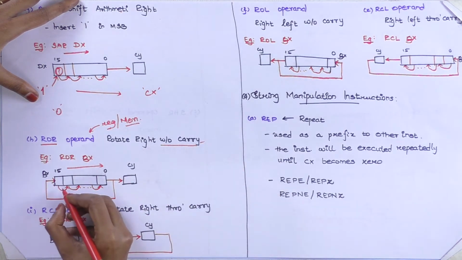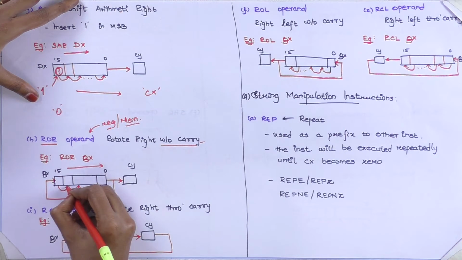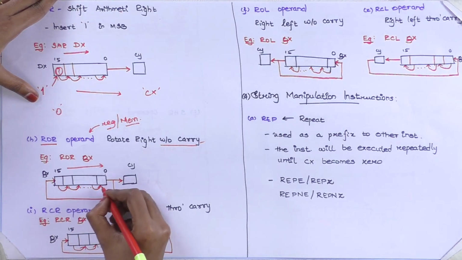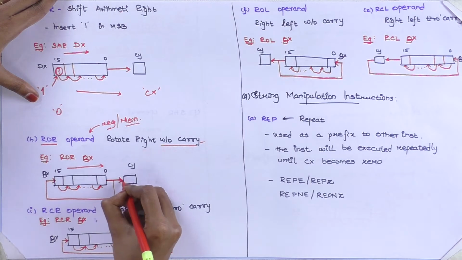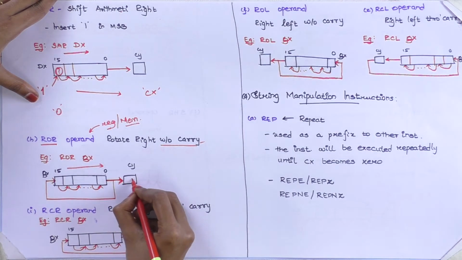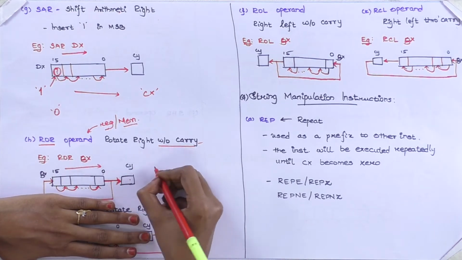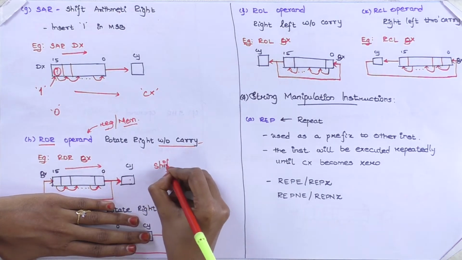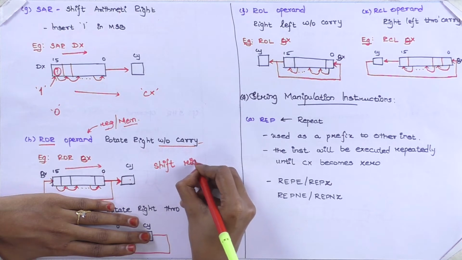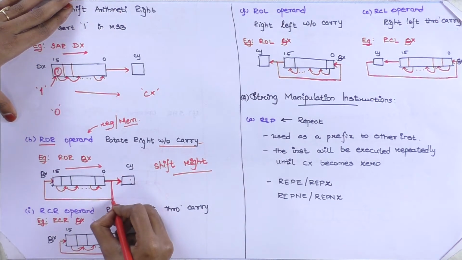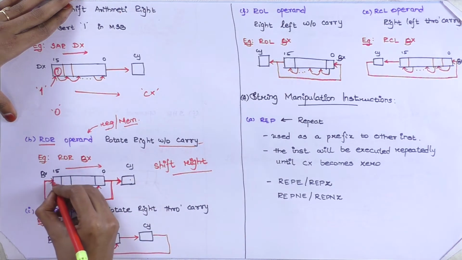So what will happen here is, 15th bit to 14, 14 to 13, likewise the shifting will happen. From 0th bit is given to carry. So till now this operation will be like shift right. Okay. The only difference here is the 0th bit is again given to 15th bit.